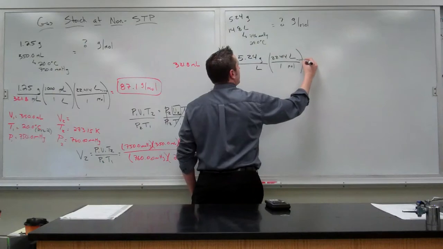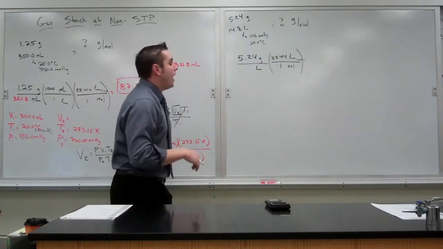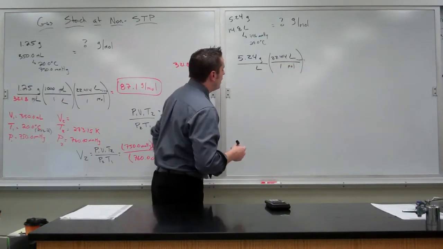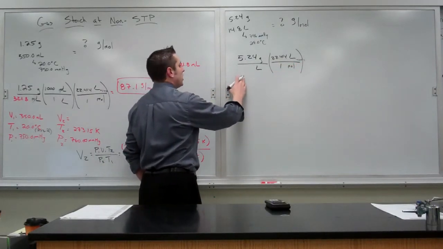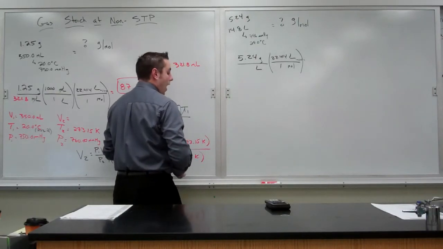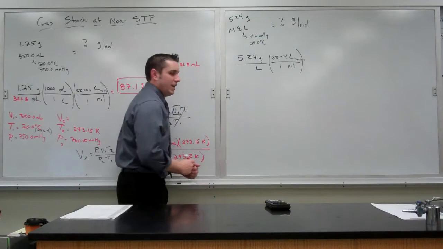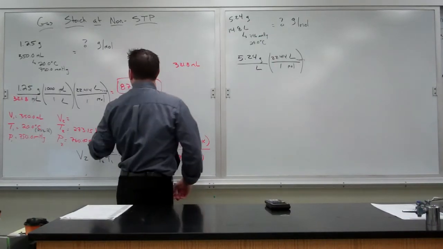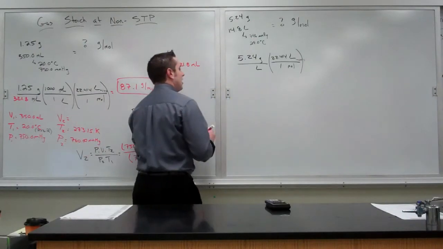using the 22.414. Again, this only holds true at STP, so I have to get my liters to be in standard temperature pressure conditions. Again, that's going to lead us to use these three values in some type of combined gas law.